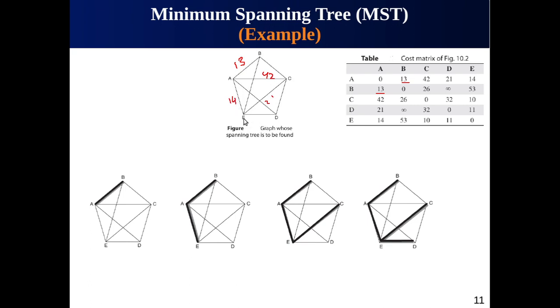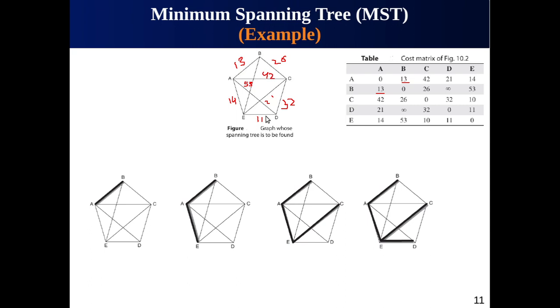From E to D, it is 11. From D to C, it is 32. From B to C, it is 20. From B to E, and if I left someone, you can write them as well.